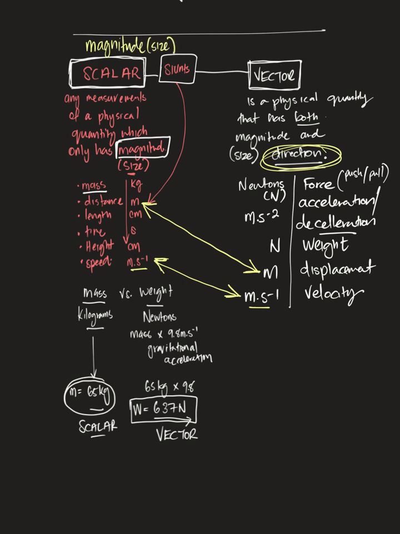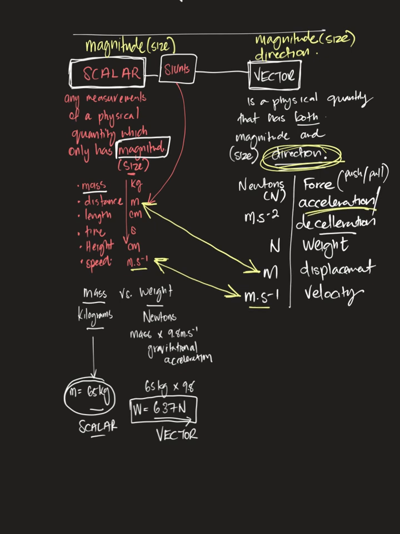But when I look at vectors, I want the magnitude, which is the size, always a numerical value, and I want the direction. So those are my two. Like I said, we're going to look at distance and displacement, speed and velocity in quite a bit of detail, as well as acceleration and deceleration.